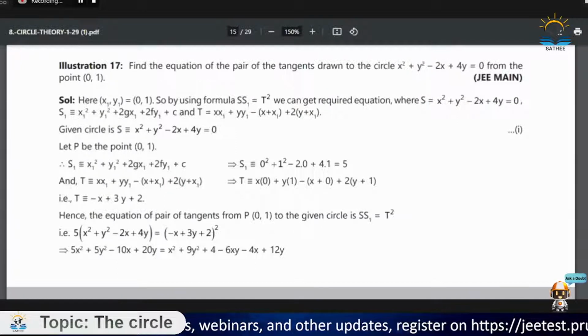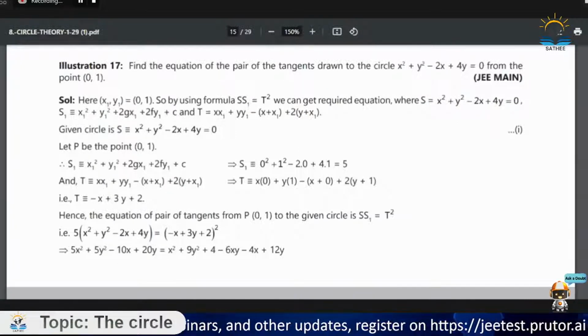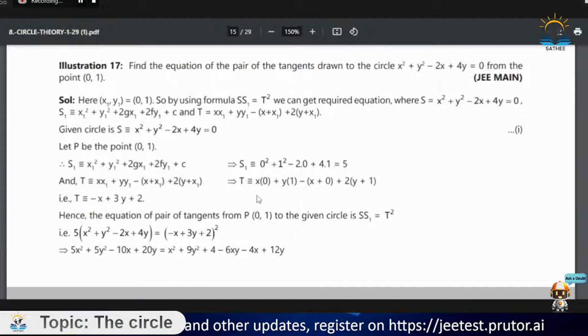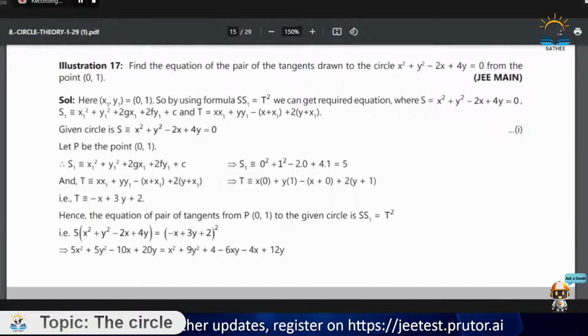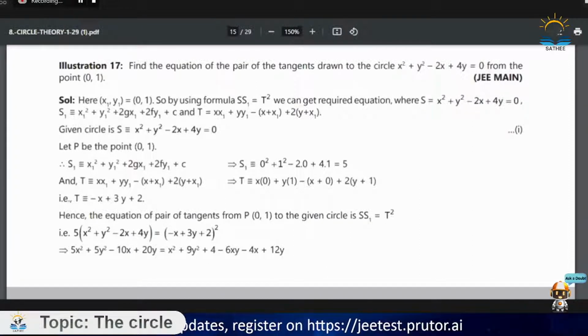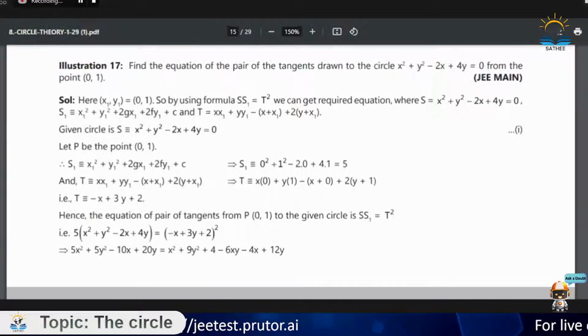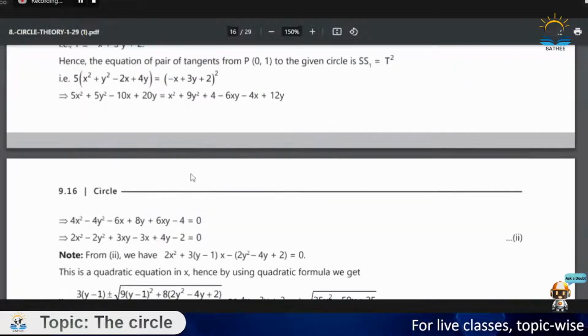Y1 is 1, x1 is 0. So we get x into 0 plus y into 1 minus x plus 2 into y plus 1. So we get T as minus x plus 3y plus 2, S1 as 5, and S is this. So we will square this and we will get the pair of tangents equation of this form.